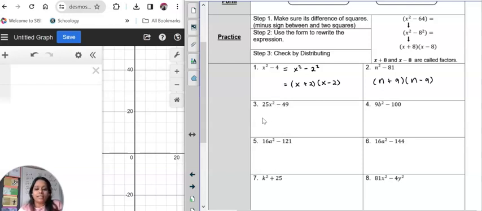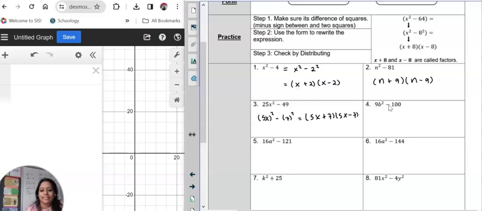So I'm going to do the long version here and actually write it out. So 5x quantity squared is 25x squared, minus, I can say this is 7 squared. So there you go. I have two things squared, so I can now factor this out to say 5x plus 7, and then 5x minus 7.